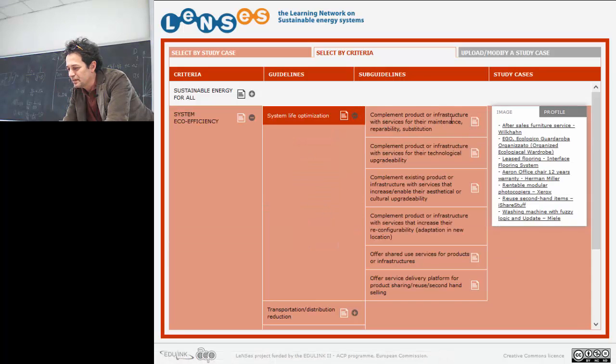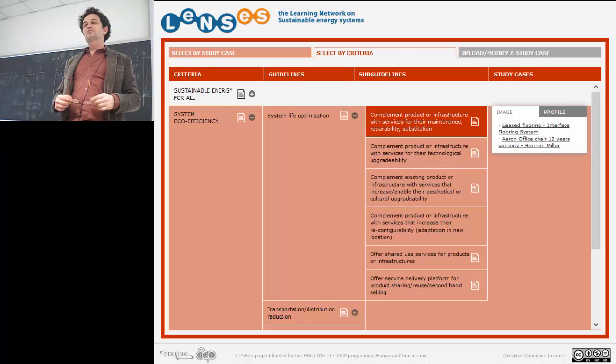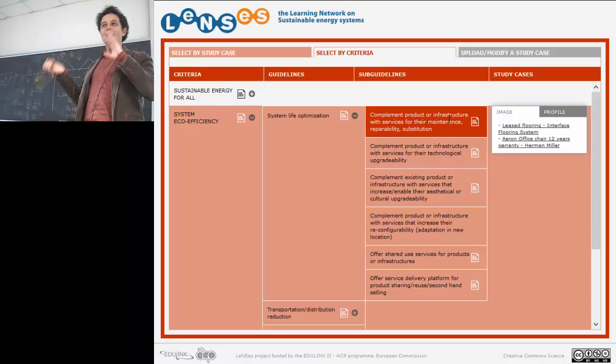I was here, and I was speaking about this iron seat, and just to understand whether you understood what I said before. This iron, what kind of PSS is it? Is it the first typology, product-oriented, or the second, use-oriented, or result-oriented?